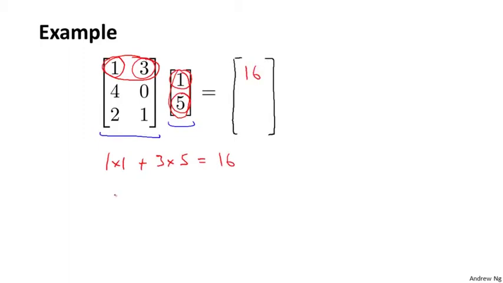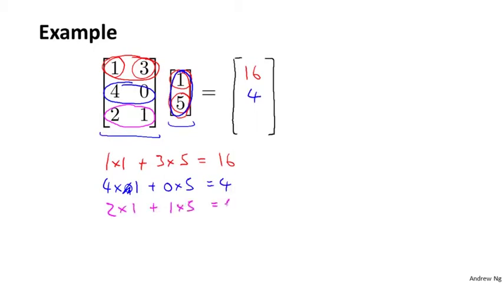Then for the second element, I'm going to take the second row and multiply it by this vector. So I have 4 times 1 plus 0 times 5, which is equal to 4. So I get a 4 there. And finally, for the last one, I have 2 times 1 plus 1 times 5, which is equal to 7.